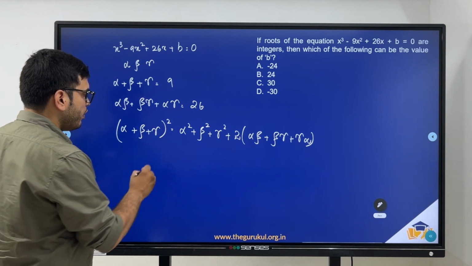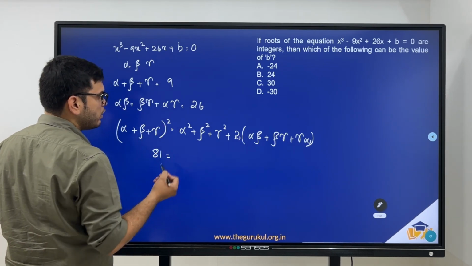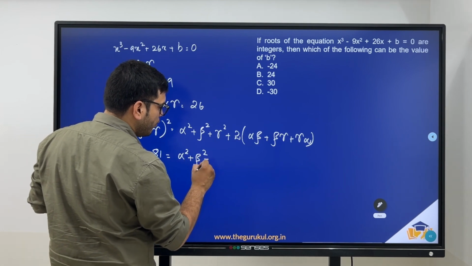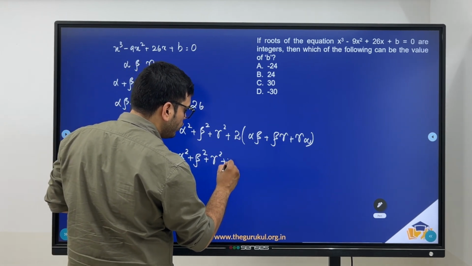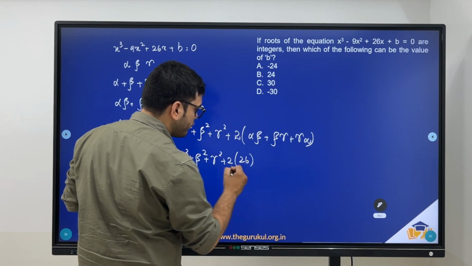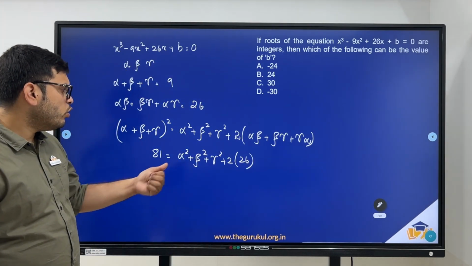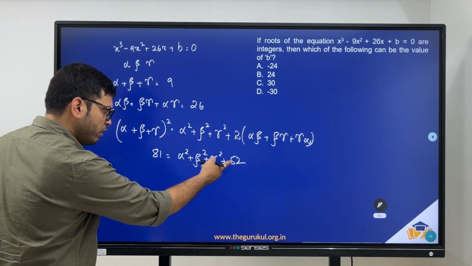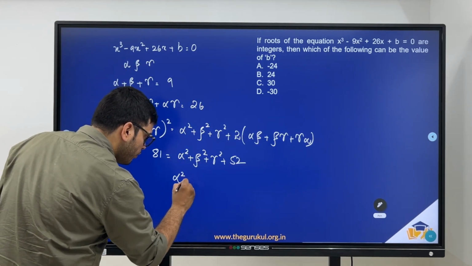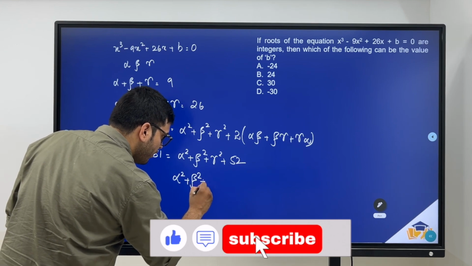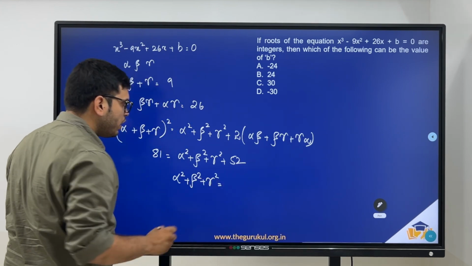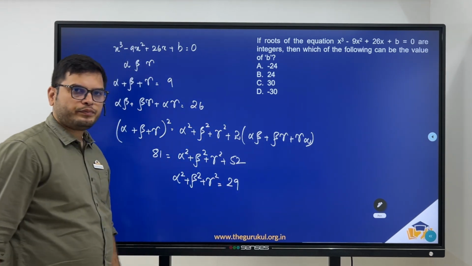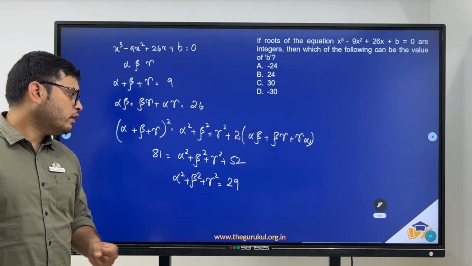Now what is 9 square? 81 is equal to alpha square plus beta square plus gamma square plus 2 into 26. Right. So 2 into 26 is 52. 81 minus 52. So alpha square plus beta square plus gamma square should be equal to 81 minus 52, which is 29. Now sum of the squares of 3 terms should be 29.